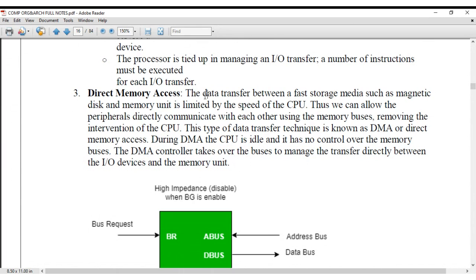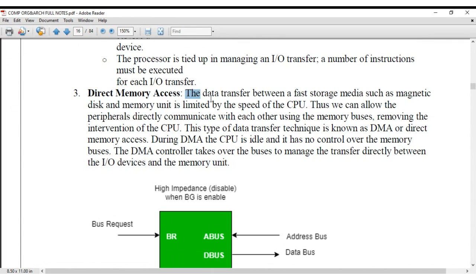When you plug in a flash disk, it is not always necessary that the information from the flash disk is going to be directly controlled by the CPU, because the USB port where you plug in your device has a module. It has a USB interface. So it is the USB interface that provides direct memory access.